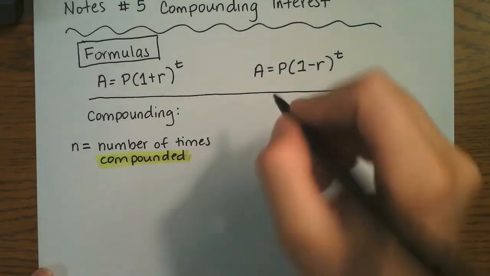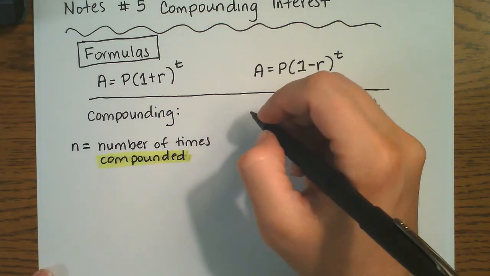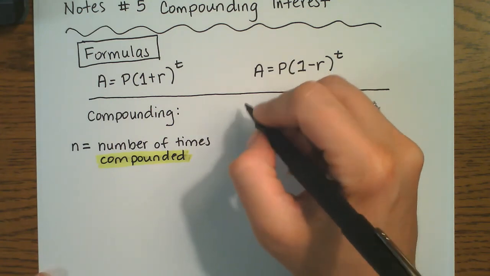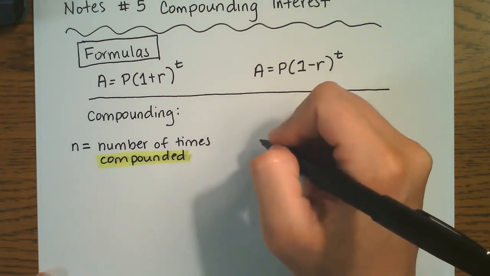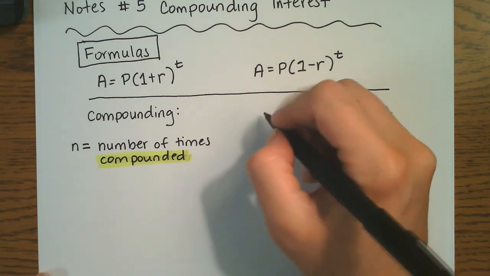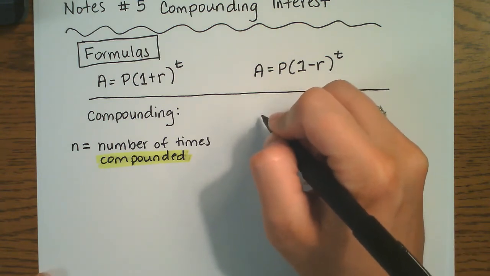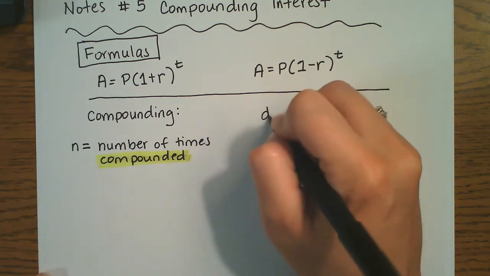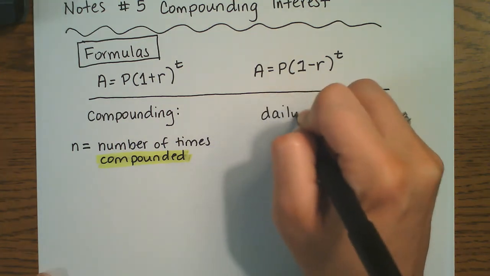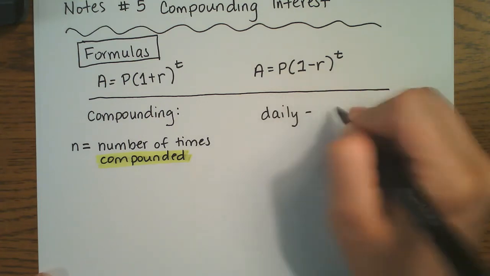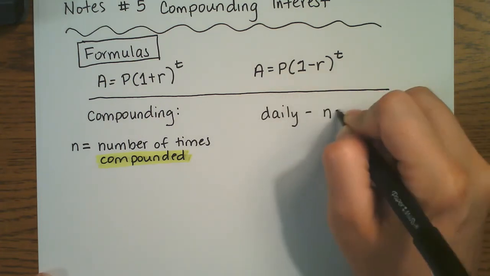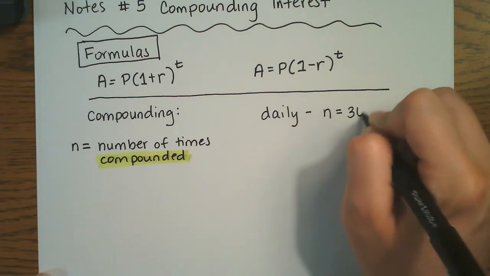And there's going to be different numbers that we use for number of times compounded. So we might see daily, N is going to be 365.